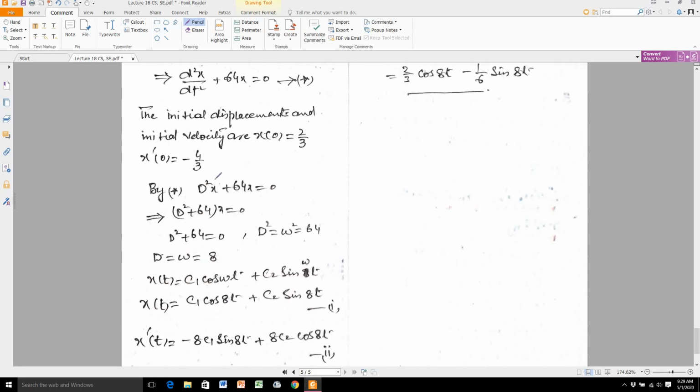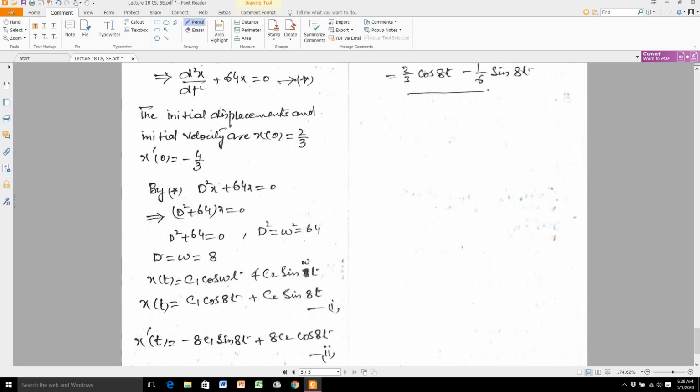Okay, now by equation number star, if we convert it into the differential form, it becomes D square plus 64 into x is equal to 0. So D is equal to omega is equal to 8. So x of t is equal to c1 cos omega t plus c2 sin omega t.